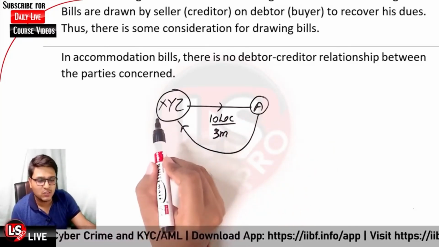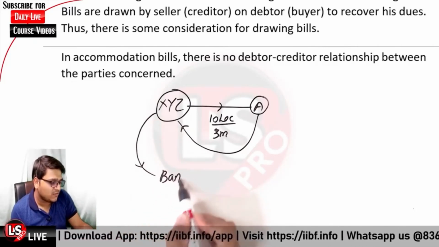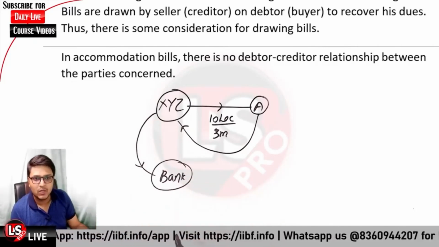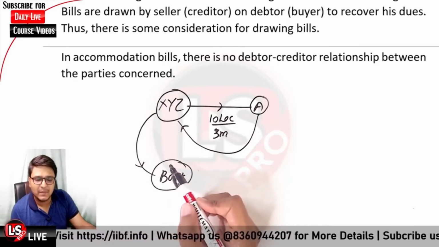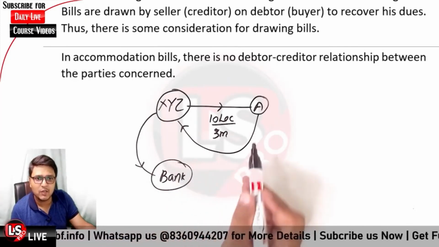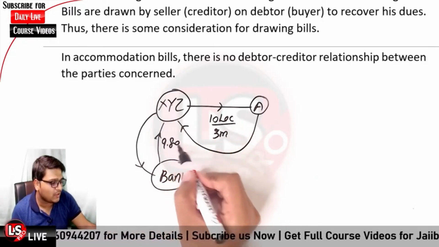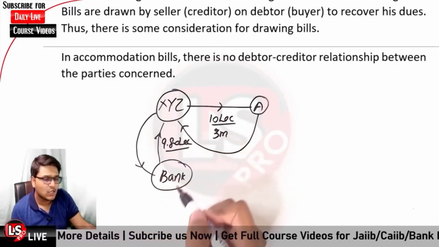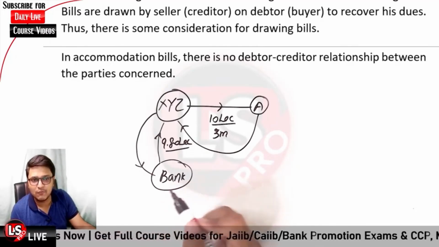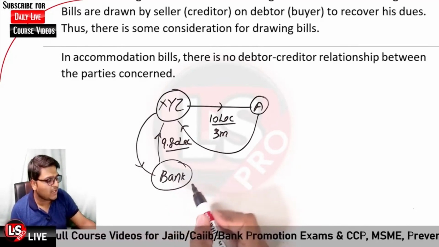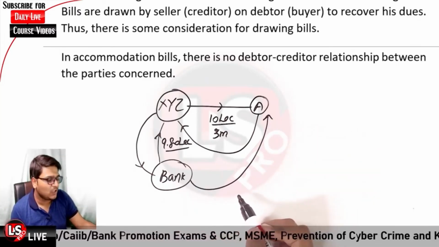Now this particular bill was drawn and further XYZ went to its bank for discounting. Now the bank can basically discount that particular bill. Let us say it discounted that particular bill for 9.80 lakhs. 20,000 rupees were deducted as their fees, and further on the due date after 3 months the bill would be presented to A for payment.